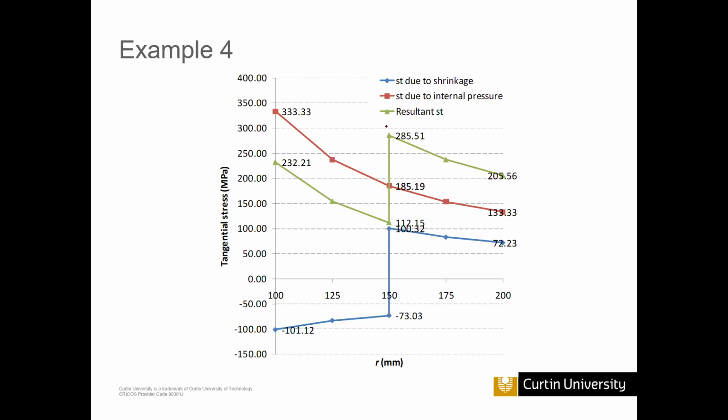So you can see these are the variations of the inner cylinder and the outer cylinder. You can see the inner cylinder stress variation, the maroon color one. This is due to internal pressure. If it is internally pressurized, definitely higher stress is available at the inner surface, and it will gradually decrease until the outer surface.